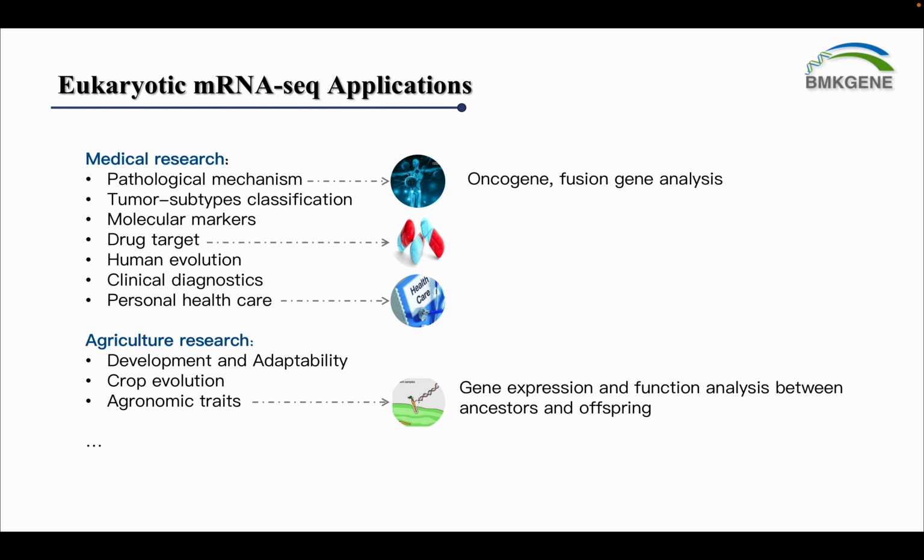Also, their functional analysis. And in agricultural research, RNA sequencing results could identify genes that affect specific plant traits and could help you get a more comprehensive understanding of the diversity and the complexity of the transcripts.